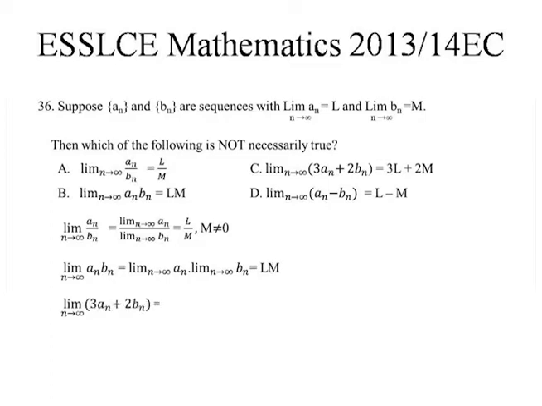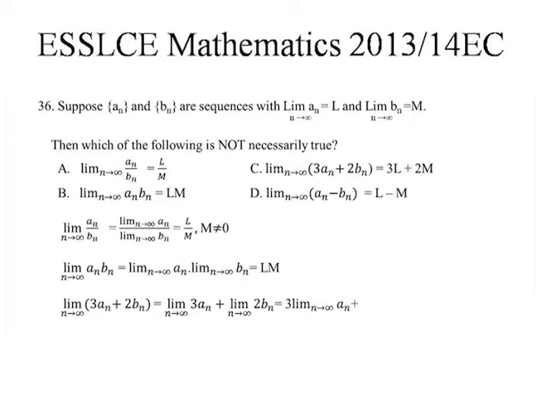Choice C, limit of 3A sub n plus 2B sub n as n approaches infinity is equal to limit of 3A sub n as n approaches infinity plus limit of 2 times B sub n as n approaches infinity. 3 is a constant, so we can take it to the front. We'll get 3 times limit of A sub n as n approaches infinity plus 2, again a constant.